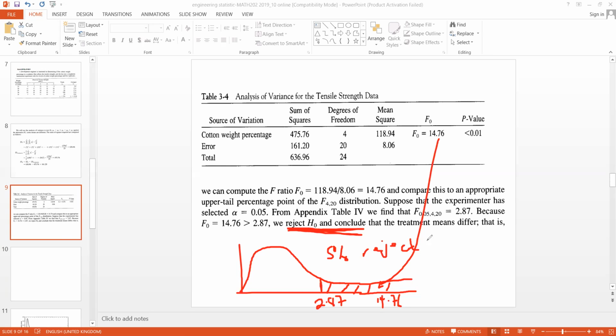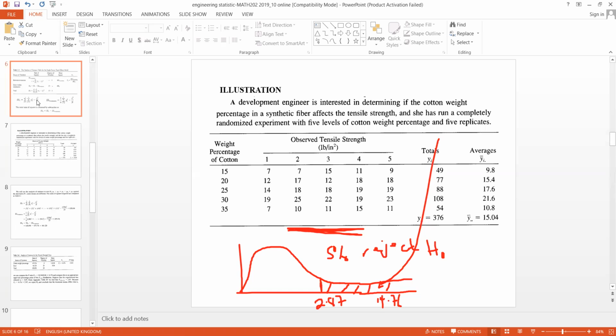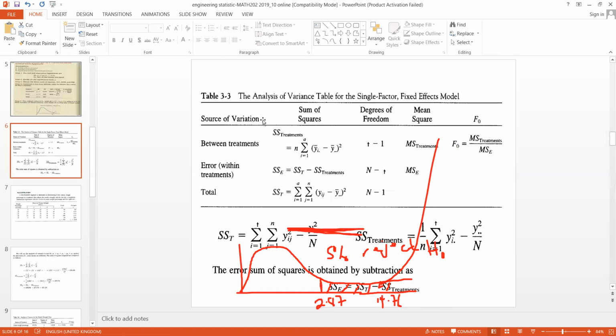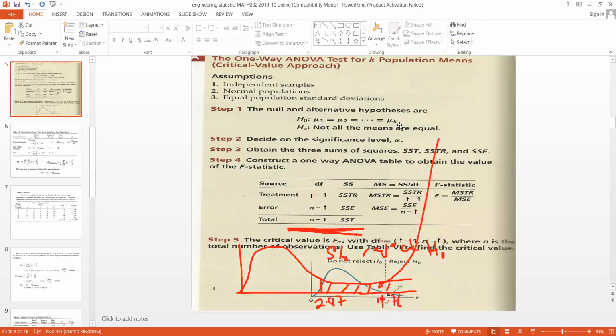So if we are rejecting H naught, then what are we saying? We are saying that there exist some differences among the treatment means. So let me quickly go back to the hypothesis. In the hypothesis, we are saying that one, all treatment means are the same, and then not all are equal.